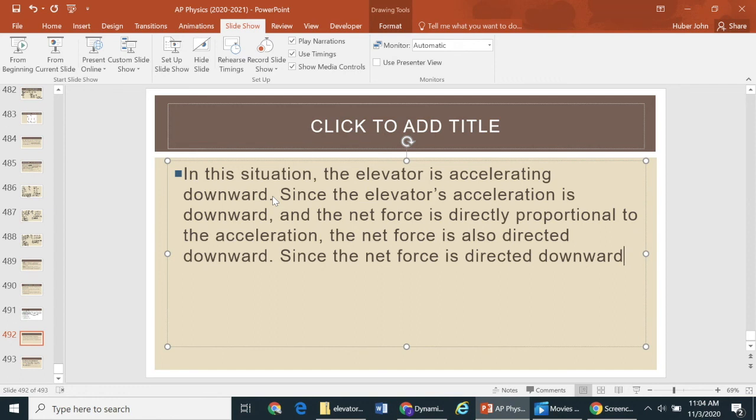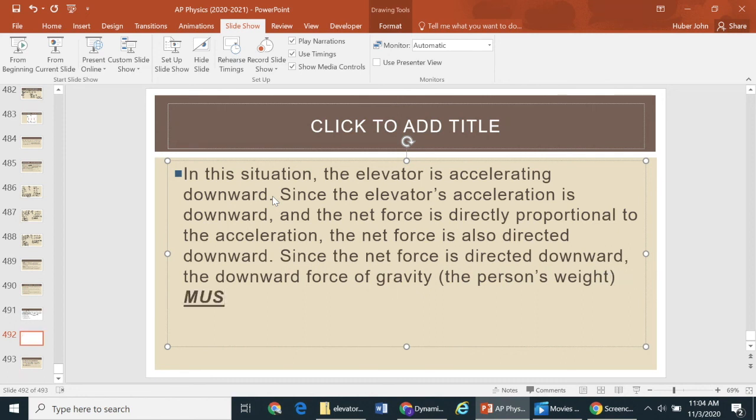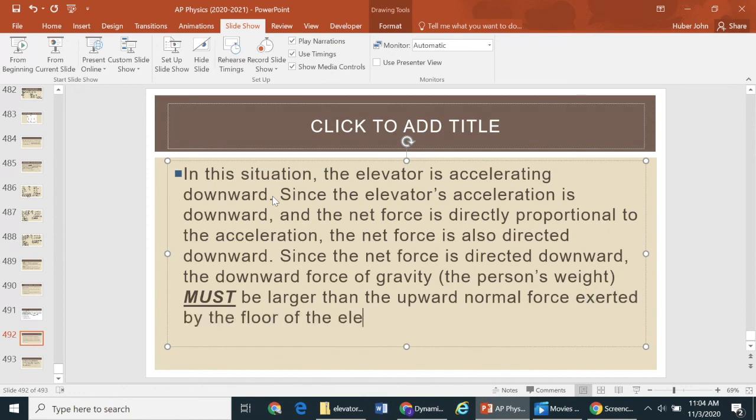So we're going to say, since the net force is directed downward, the downward force of gravity, and I'm going to write in parentheses the person's weight, must be larger than the upward normal force exerted by the floor of the elevator, which is going to be the scale reading or the apparent weight.